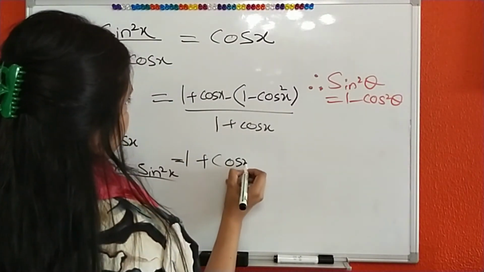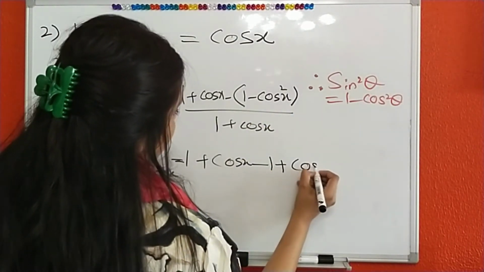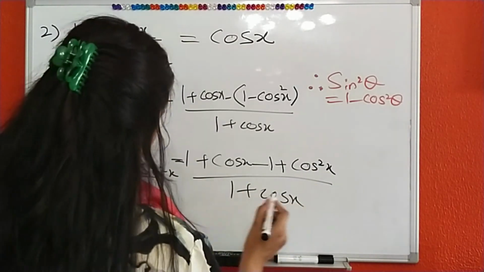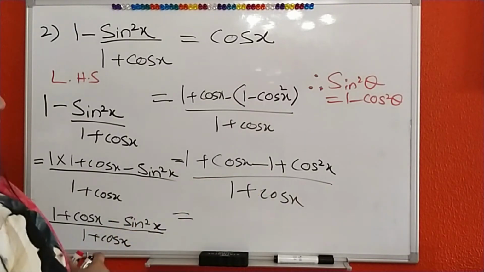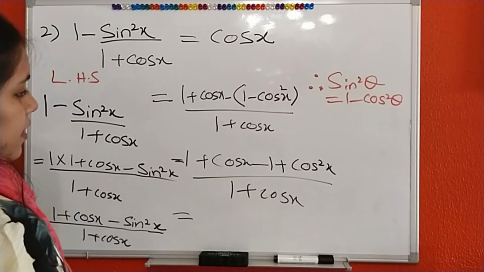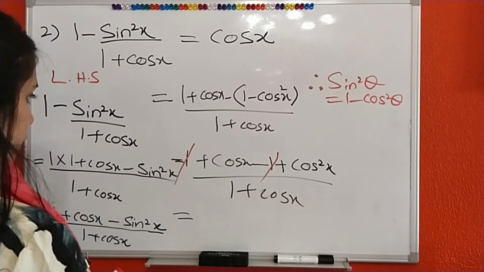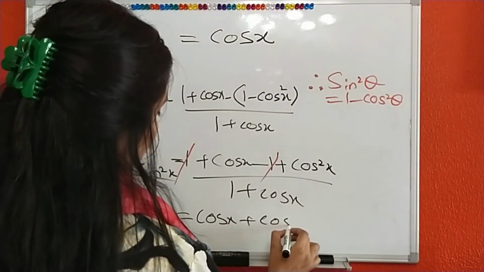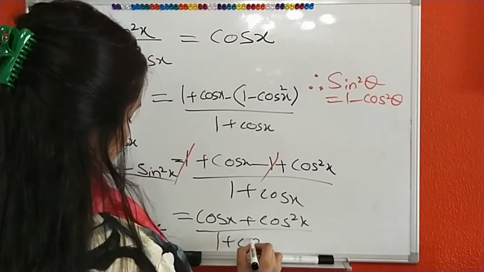So 1 plus cos x minus 1, and the minus minus will be plus cos square x, upon 1 plus cos x. Now I can easily cancel this one and this one, because this one has a plus sign and this one has a minus sign. This is (cos x plus cos square x) upon (1 plus cos x).